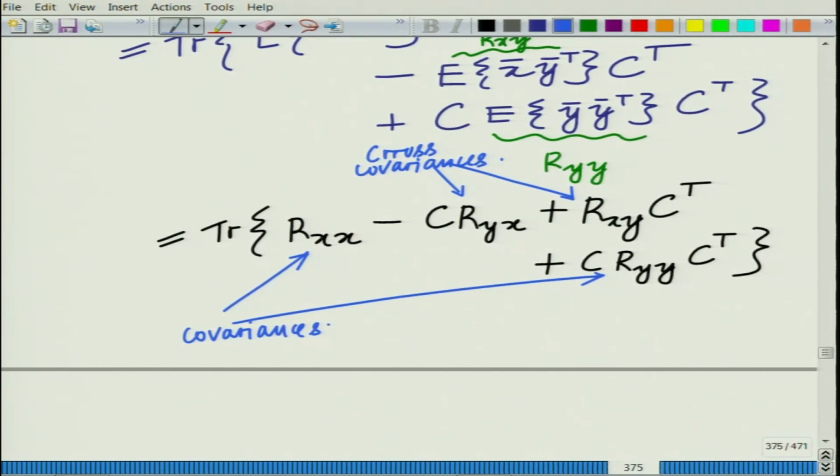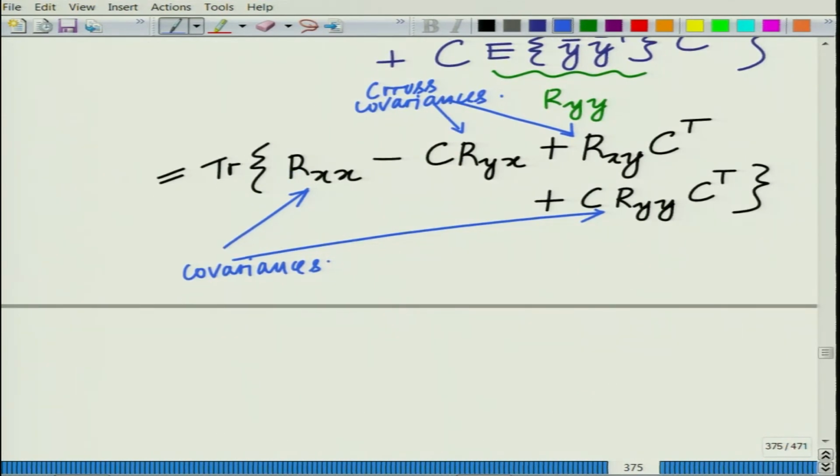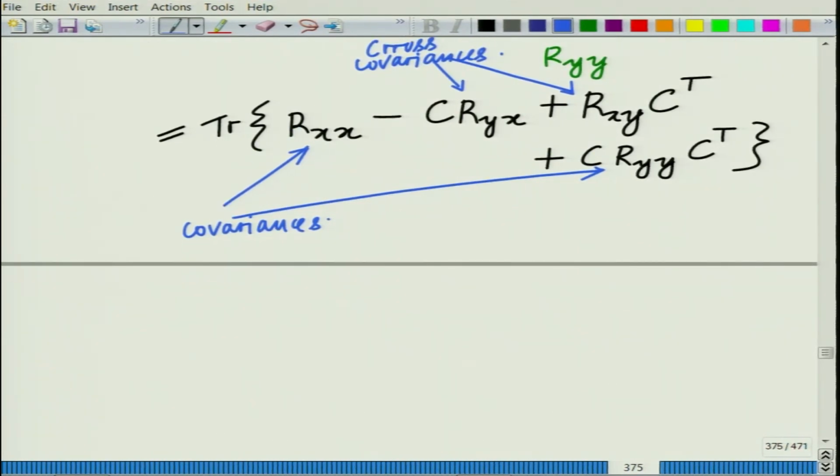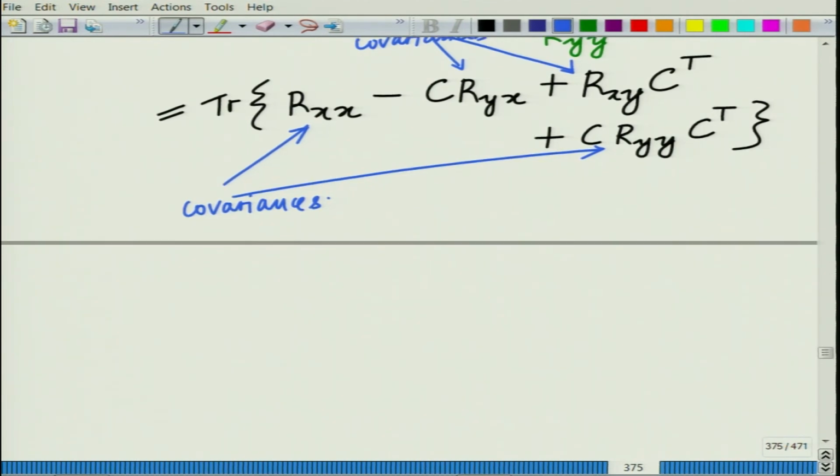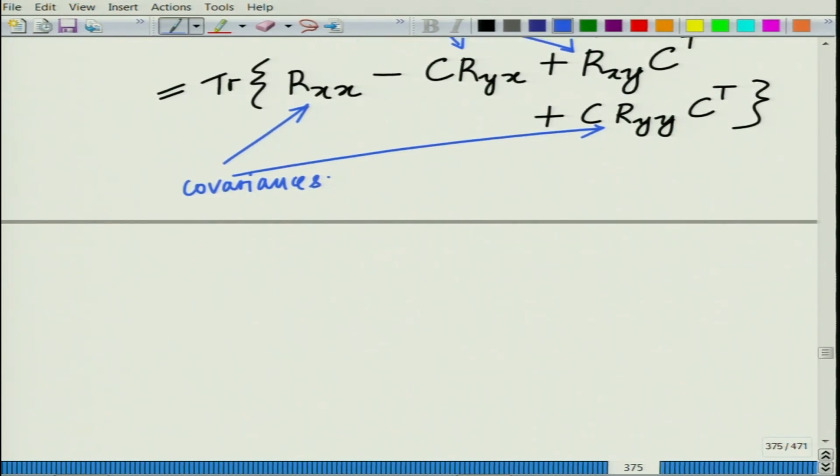And therefore, now I can further write this as the following.